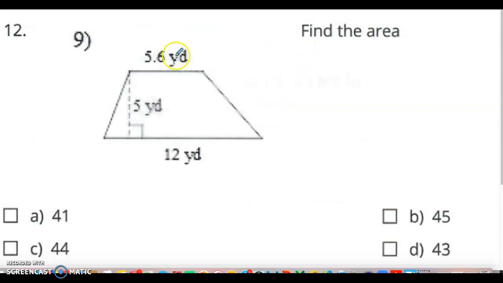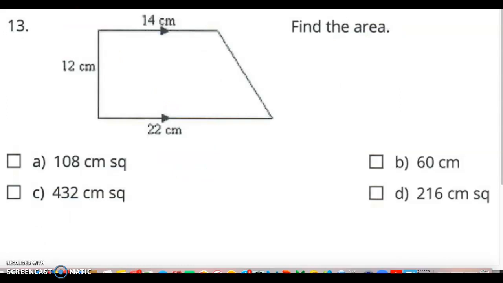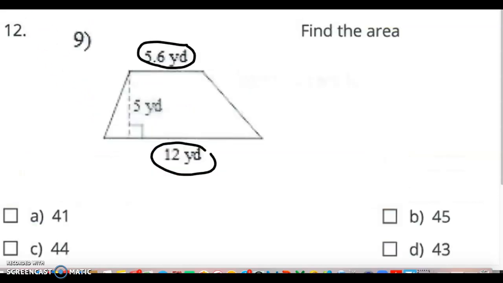All right, number 12, the area of a trapezoid. You add together the bases times the height, divide by 2. Number 13, same thing. It's a trapezoid. You add together the bases times the height, divide by 2. I don't know if I said that in the last question, so I just want to say that.